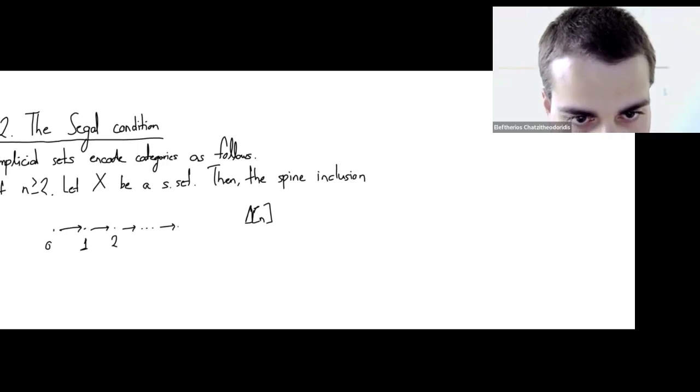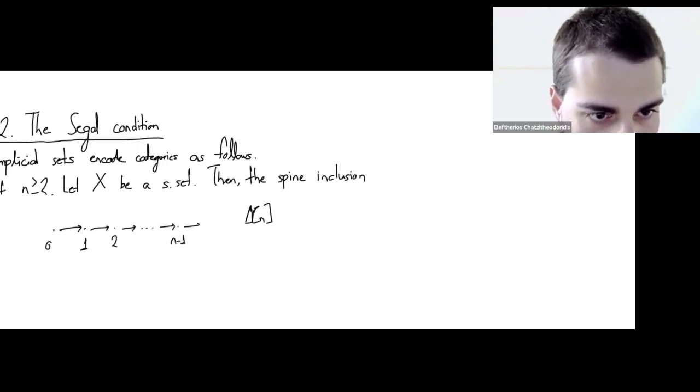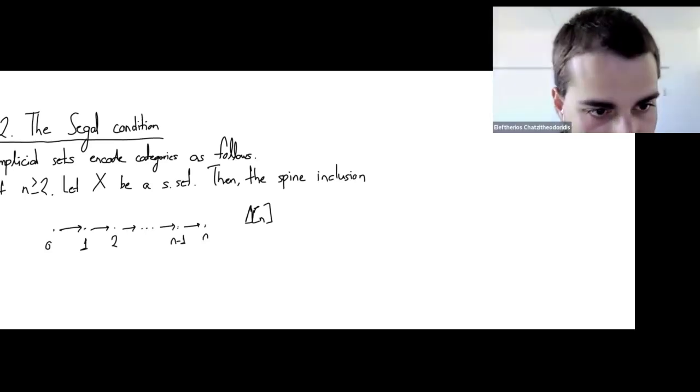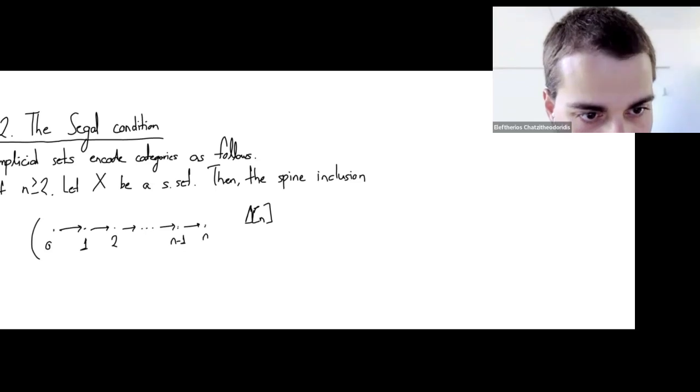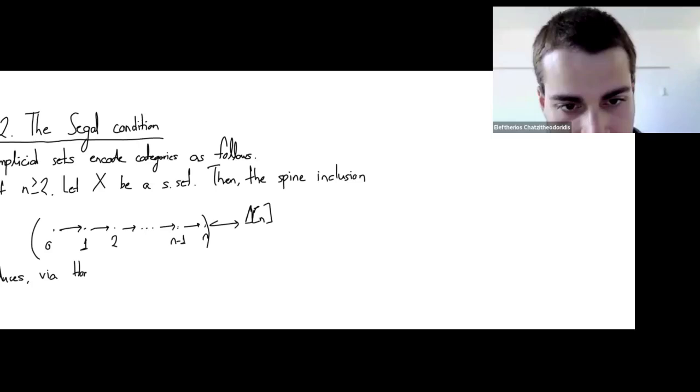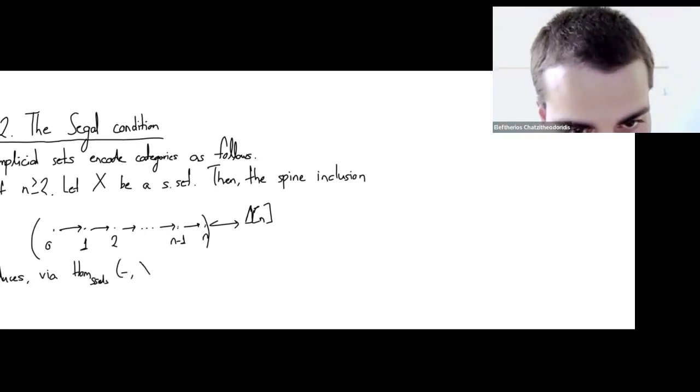This is called the spine of Delta n. So you include the subcomplex, and to be precise, by applying the functor Hom in simplicial sets, blank, X, it induces what's called the nth Segal map.